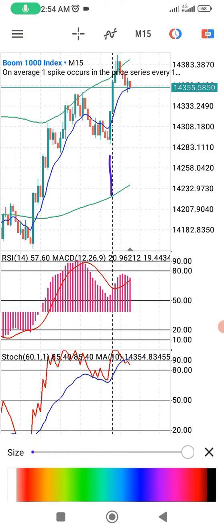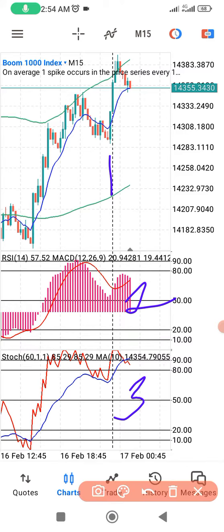This is our main chart. This is our indicator window 1, and then here is our indicator window 2. So these parameters are going to help us take advantage and get the best out of the market.